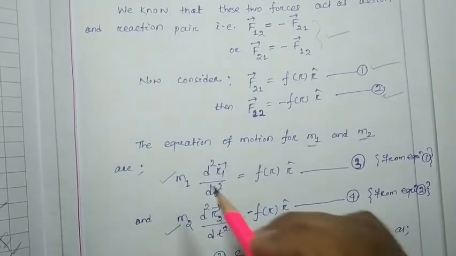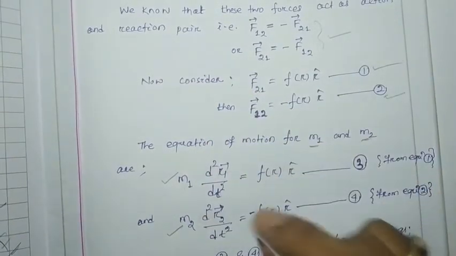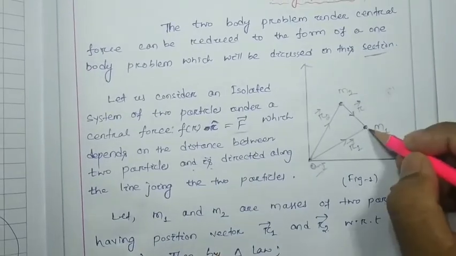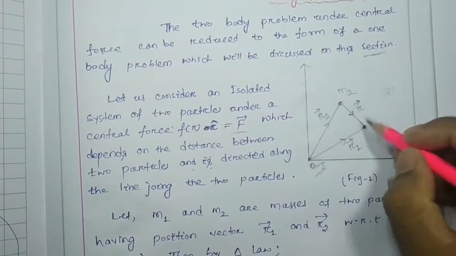Why did I not write minus here? See, m1 is going to be in dynamics due to the force of what? It is moving, or it is in motion, due to the force of m2.